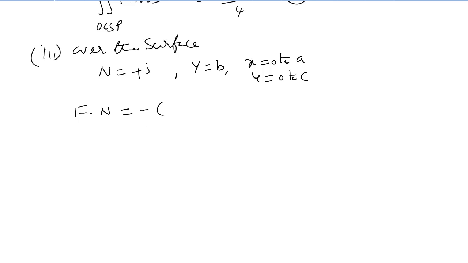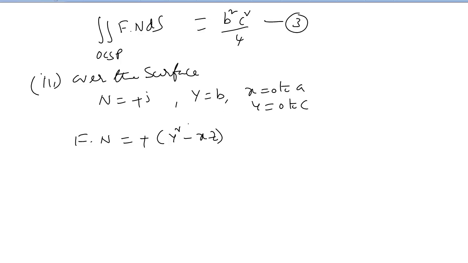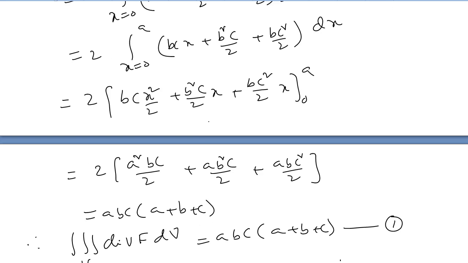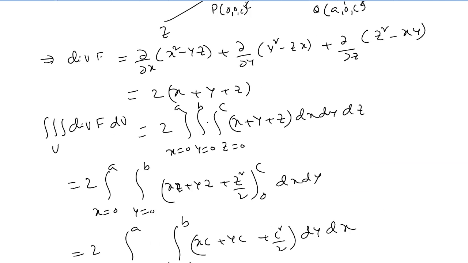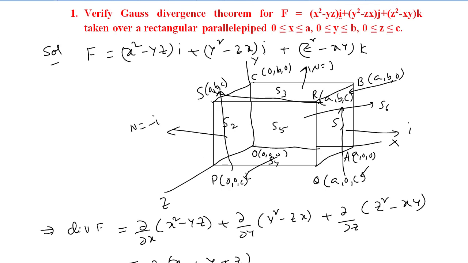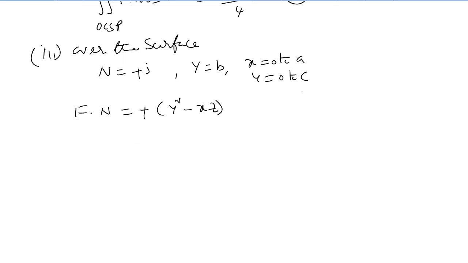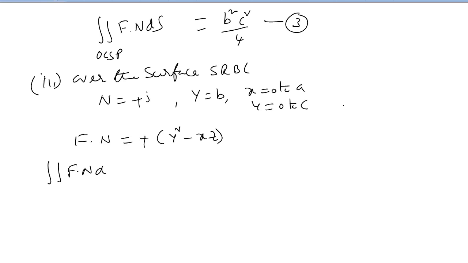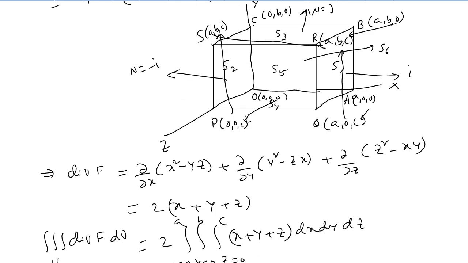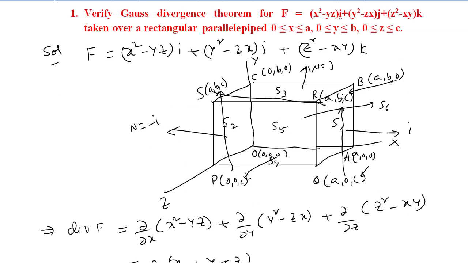Y square minus xz, j coefficient. Now integration, double integral f dot n ds over SRBC.